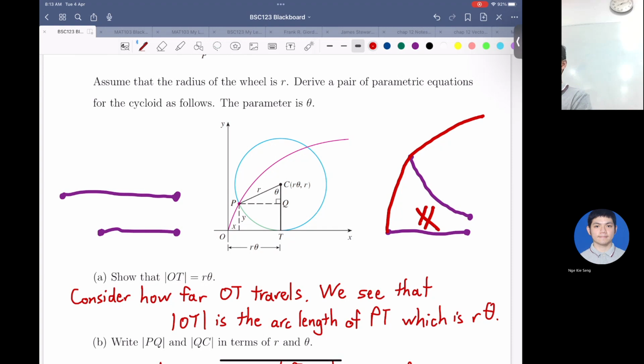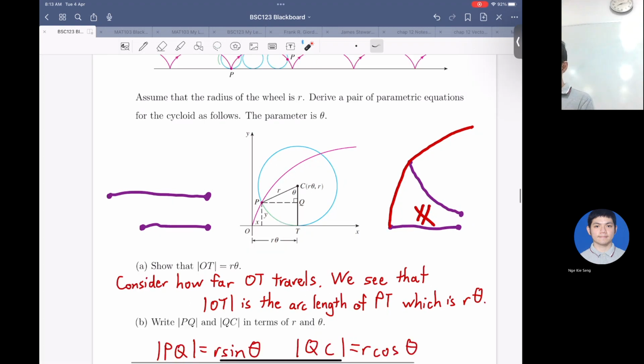But because of how you define this cycloid, how it moves, the length of this arc is equal to the distance you have moved. Make sense? It's not always true that this length is equal to OT.